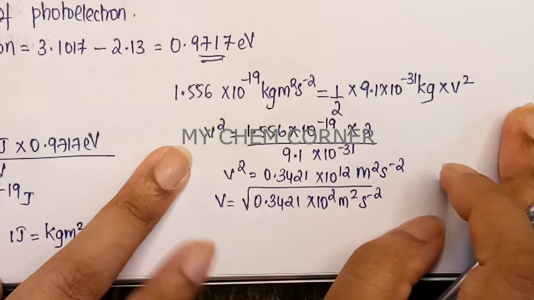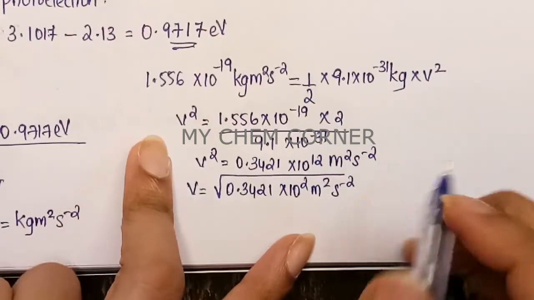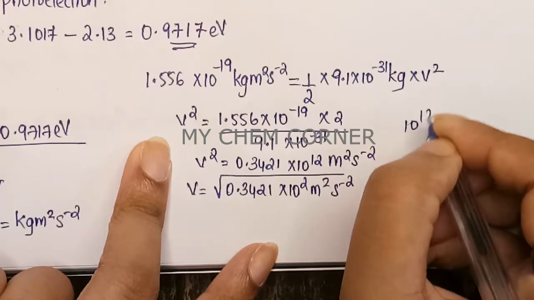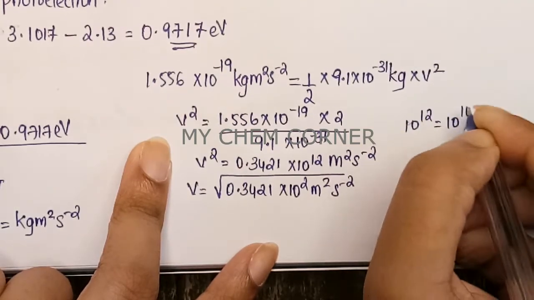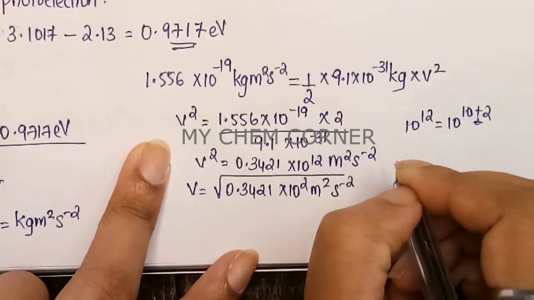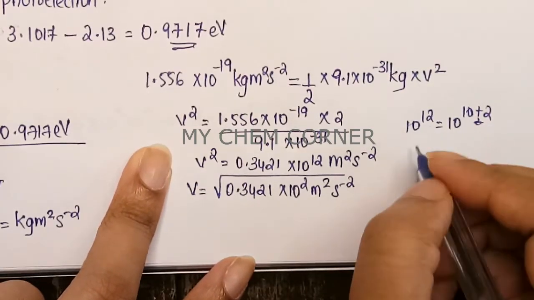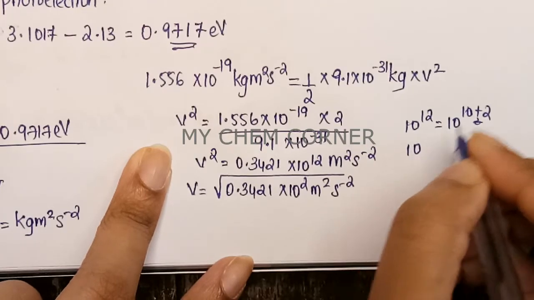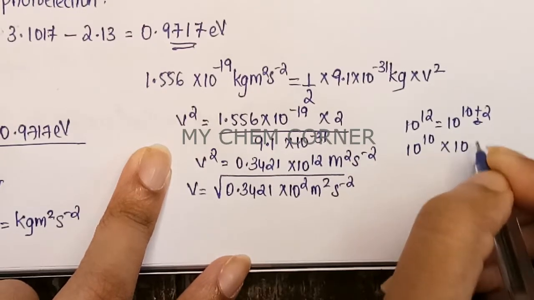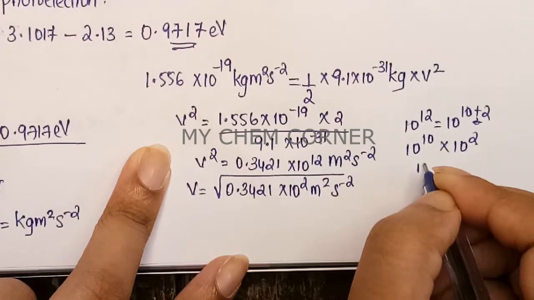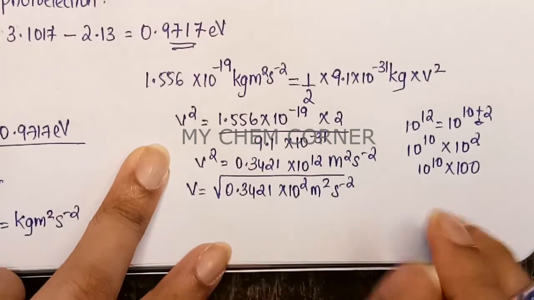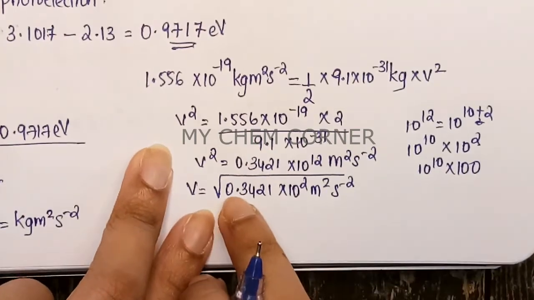Now this 10 to the power 12, I'm going to just simplify it. So here 10 to the power 12 can be written as 10 to the power 10 plus 2, so this will become 10 to the power 10 into 10 to the power 2. So this will be 10 to the power 10 into 100. When we multiply by 100, this decimal will move 2 places.